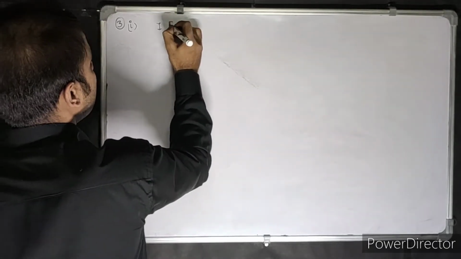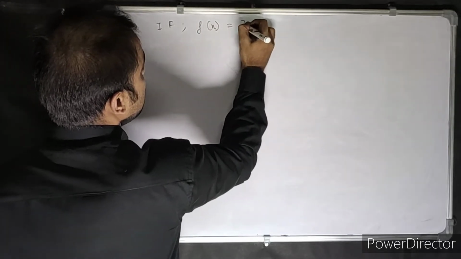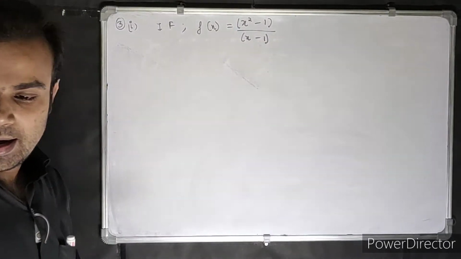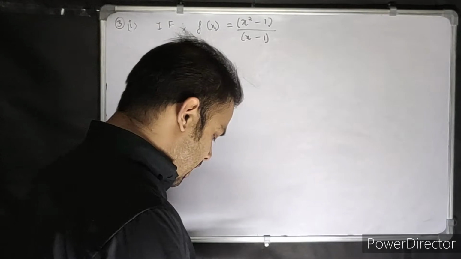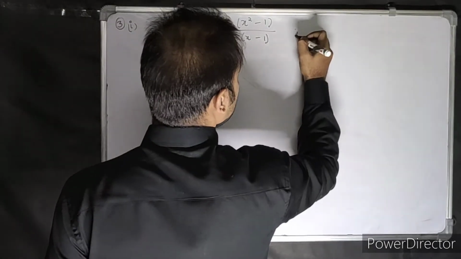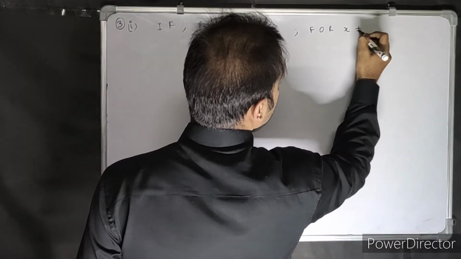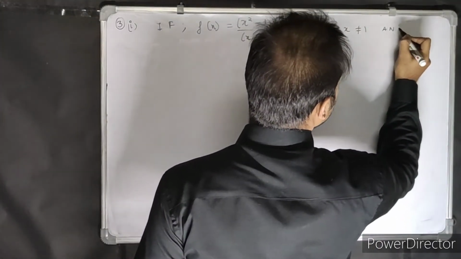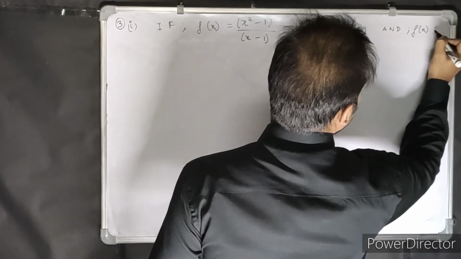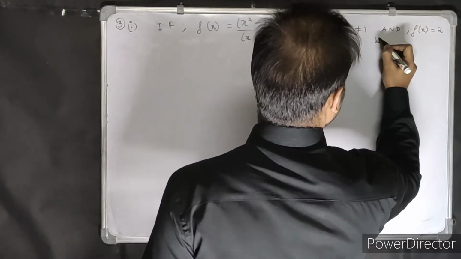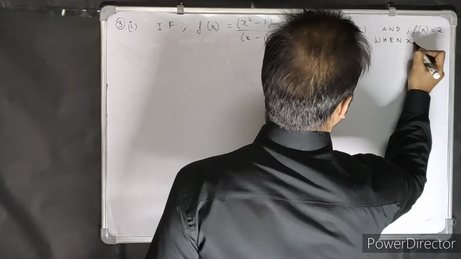It's saying that if f of x is given as x square minus 1 divided by x minus 1, for x not equal to 1, of course x cannot be equal to 1, and it's also given that f of x is equal to 2 when x is equal to 1.